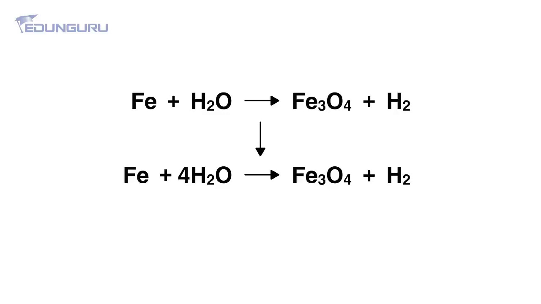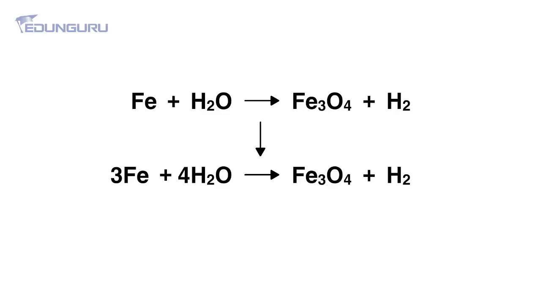So we have to make a similar box for iron, and you will see that Fe3O4 has 3 atoms of iron, whereas in the reactant side, iron is only 1 atom. So you have to multiply the reactant with the simple digit 3. So in front of iron, you will write number 3. So this balances your iron and oxygen.